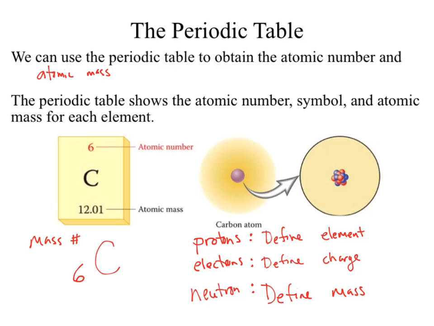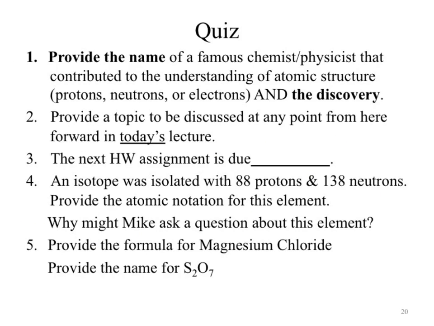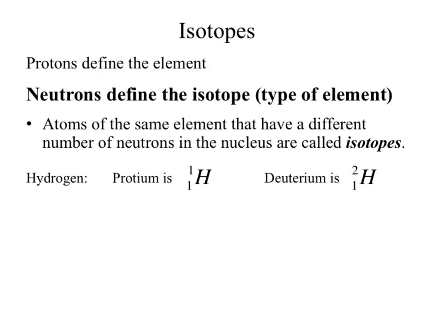So the number reported on our periodic table, while being related to the mass number, is a better way of taking the average of how much glue was necessary to make that carbon nucleus a carbon nucleus. It's the average of them. What we are looking at right here are isotopes. If we change the number of neutrons, we're now going to define the isotope.